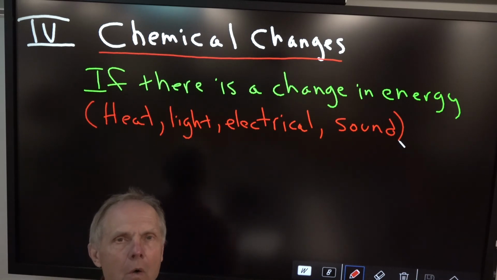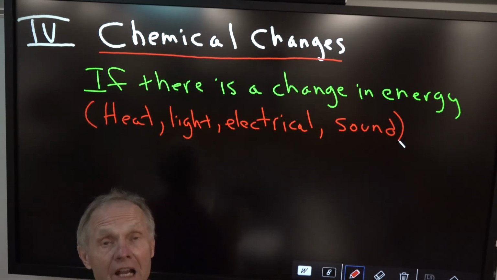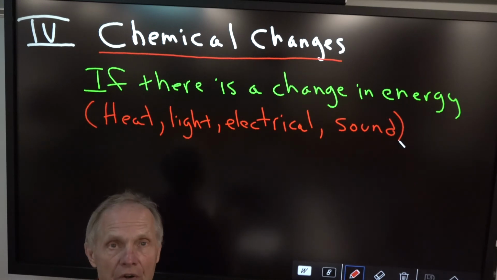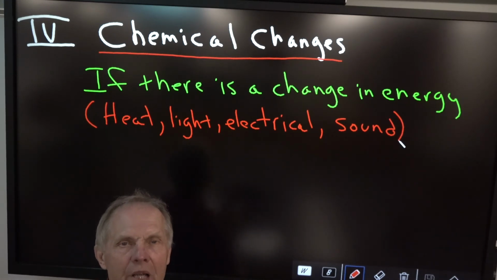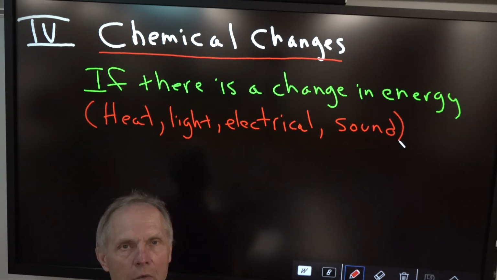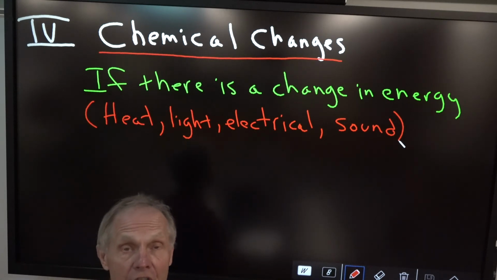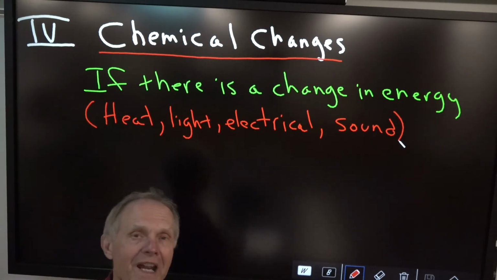Okay? So the physical properties and changes, the composition doesn't change. But in chemical properties and changes, the composition of what we started with is not the same composition of what it ends up with. We get a new product with way different properties. Okay? So that's physical and chemical changes and properties.